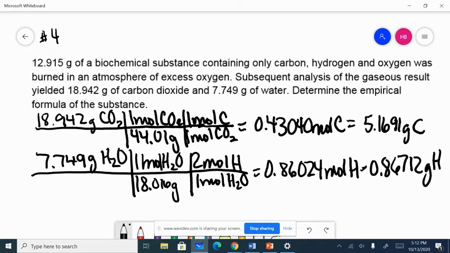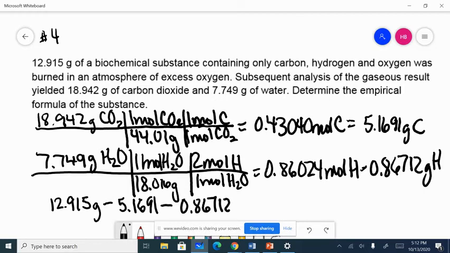And we know what carbon is and we know what hydrogen is. So if we take this combination of carbon, hydrogen, and oxygen, subtract off carbon and subtract off hydrogen, we'll get the amount of oxygen, which is 6.87878 grams of oxygen.